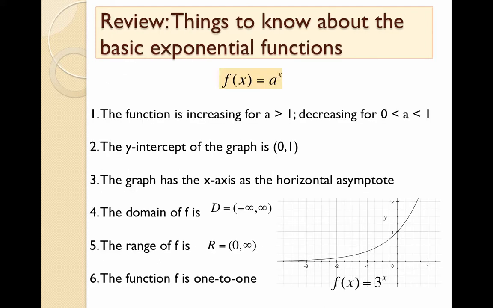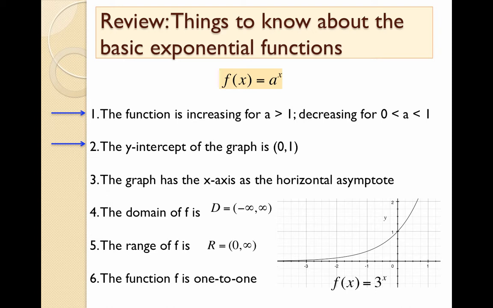Let's review the characteristics of the basic exponential function f of x is equal to a to the x. We know that that function is increasing whenever a is a number greater than 1, and it's decreasing whenever a is a number between 0 and 1. Again, for the basic exponential function, the y-intercept is 0, 1.